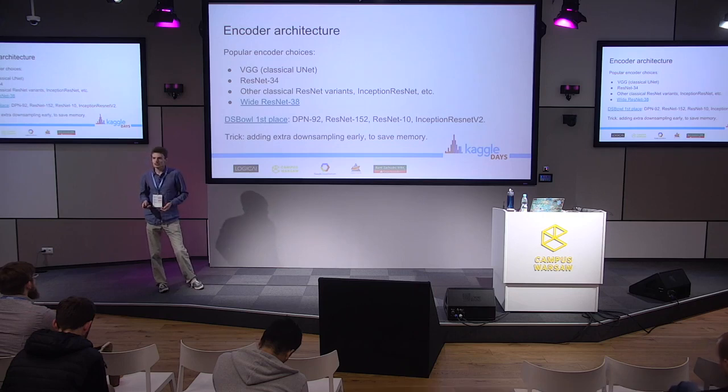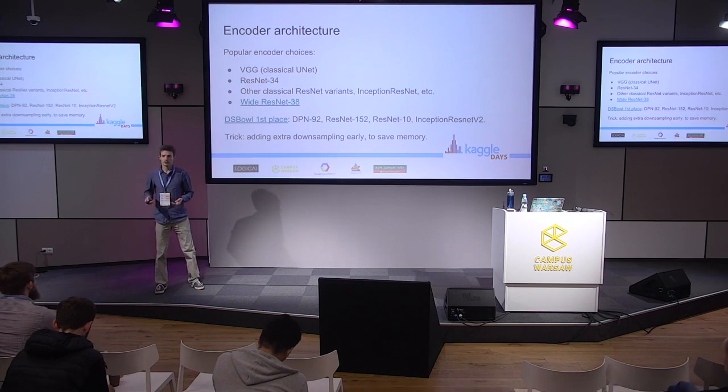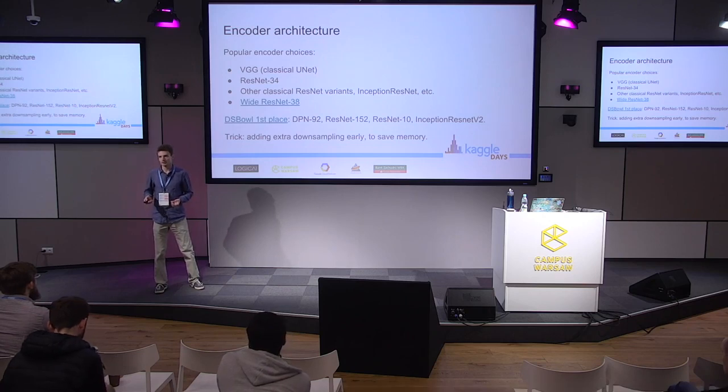An interesting trick is that if you are using a large encoder, especially on large crops, this will take a lot of memory, this will slow you down, and this will not allow you to have a large batch size. So there is a trick to make it work better.